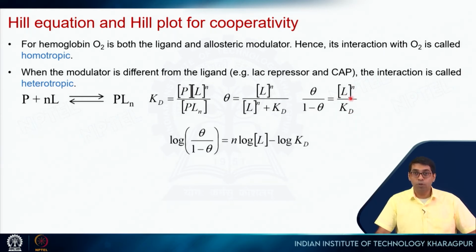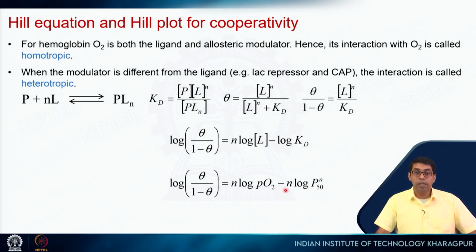If I take log on both sides, then the left hand side will be log of theta by 1 minus theta, and the right hand side will be log of L to the power N. So N comes in front, so N log L minus log Kd, right? Now what we can do is replace this with the partial pressure of oxygen, and replace this with P50. If we do that, then the equation looks like this, and again Kd will be P50 to the power N.